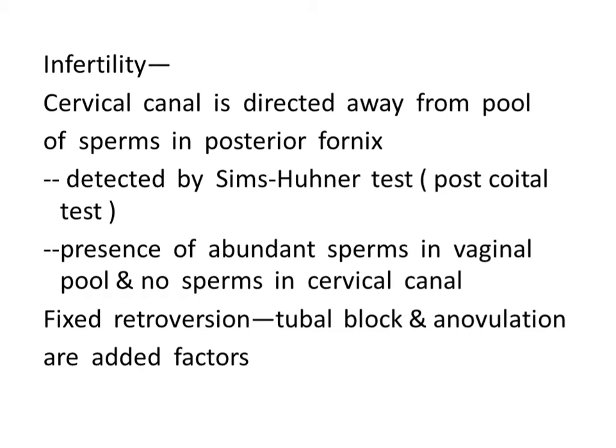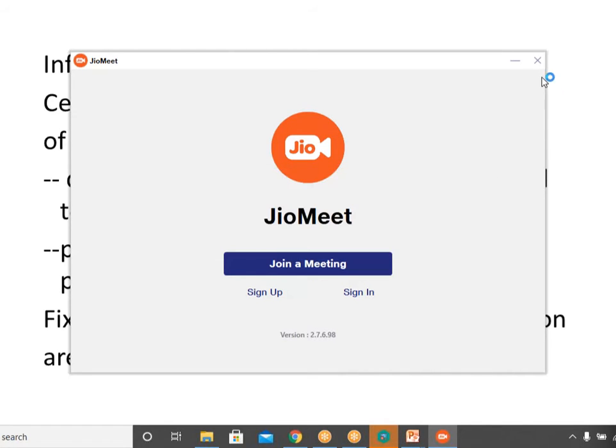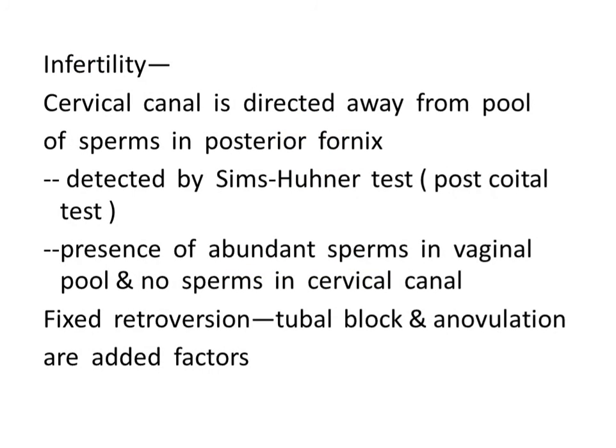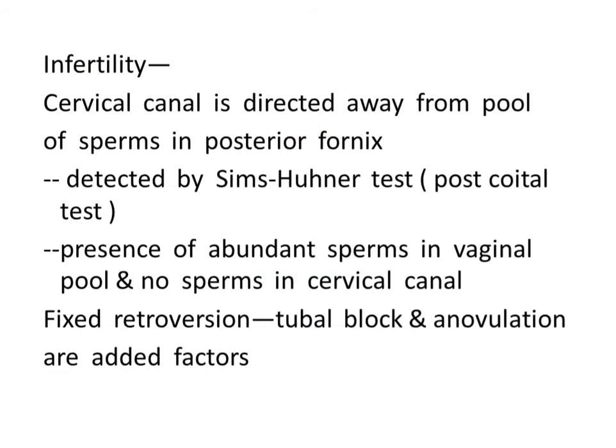After coitus, within 2 hours, cervical mucus from the posterior fornix and also from the cervical canal is obtained, spread on a slide, and examined under the microscope to detect the presence of sperms.